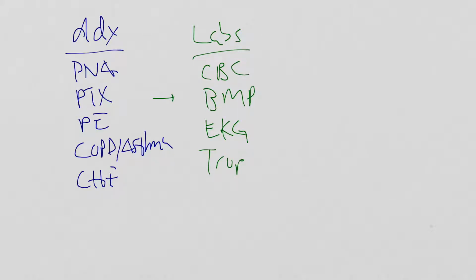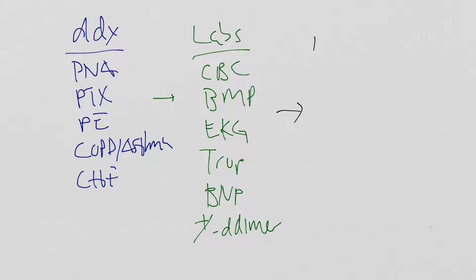CHF exacerbation patients with elevated troponins have an increased mortality and as a result need to be more aggressively diuresed. You can also order a BNP. And finally, plus or minus a D-dimer if you're concerned about a PE.